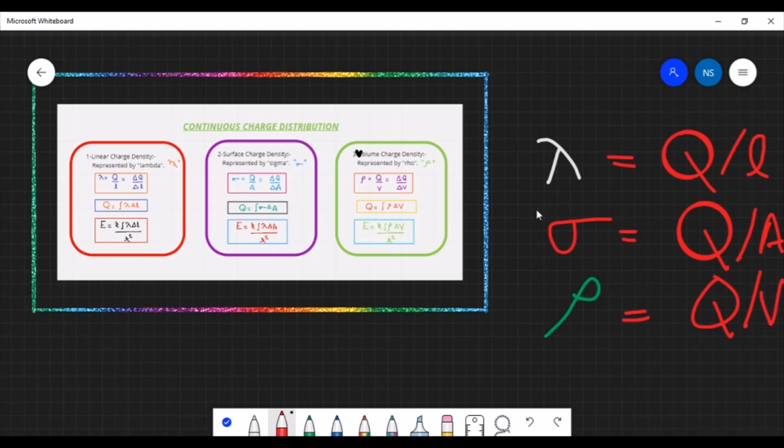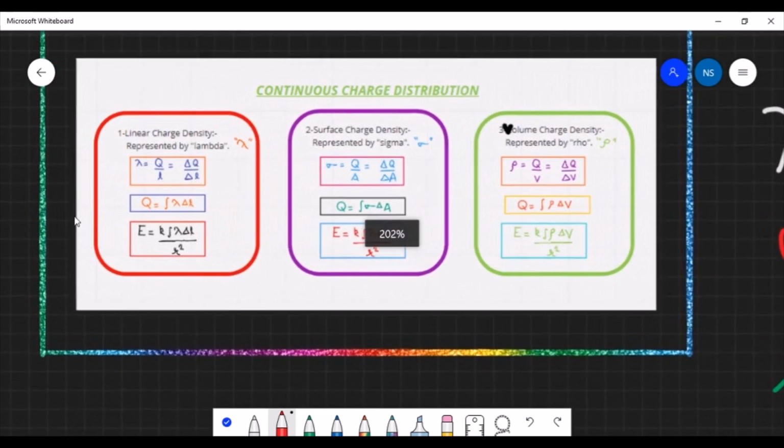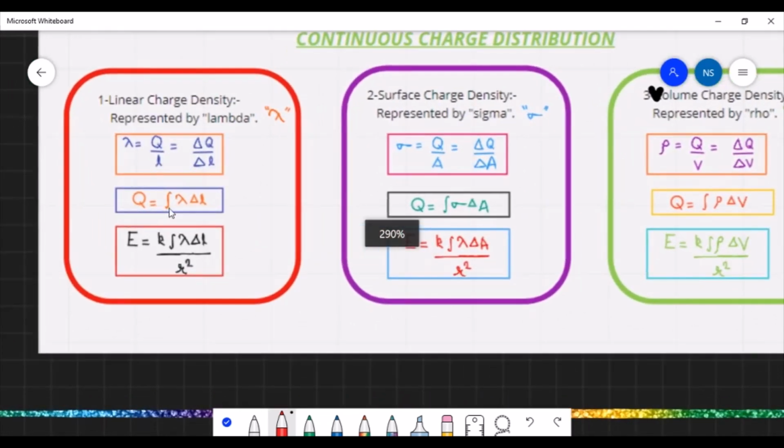So this is easily remembered. From there we can get formulas for Q, which are used in applications of Gauss law. Mainly Q is equal to the integration of lambda times delta L, and then this Q can be used in force and electric field intensity also.